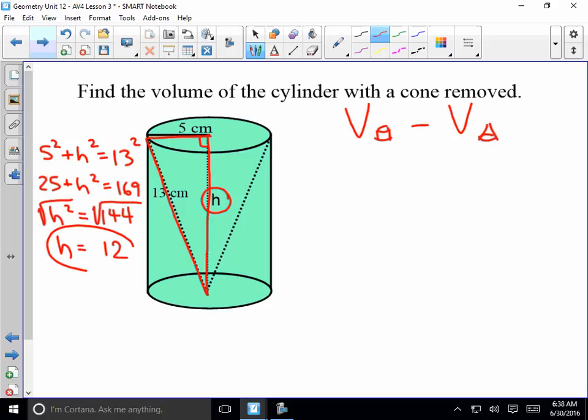So now I finally have the height measurement, and I can jump in and do my formula work to finish this problem.